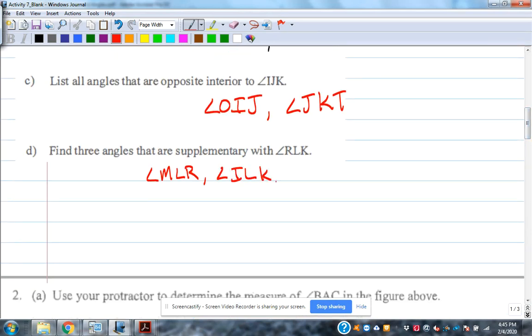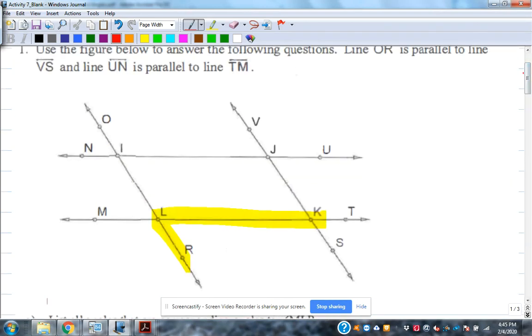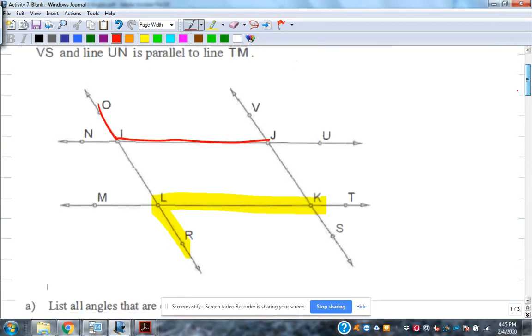ILK. OIJ. Why can you do that one? That's correct. What's the reason? So that we can explain. What do we know about angle ILK and OIJ?